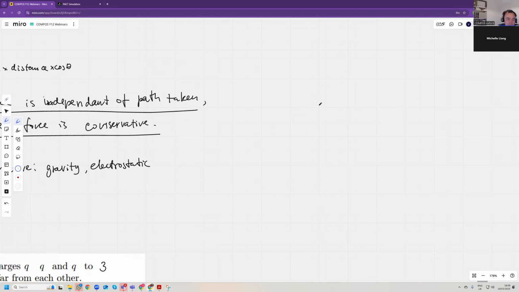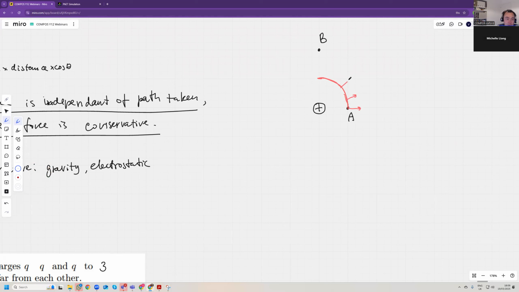Let's say you have a positive charge and you're moving from point A to point B. Imagine you're moving along this path, perpendicular to the field, in a circle. If the movement is perpendicular to the force, so the force is outwards, right?